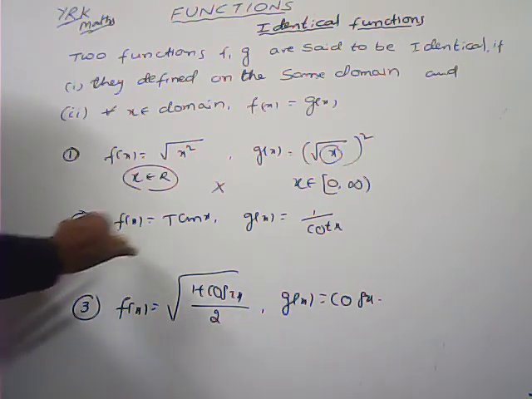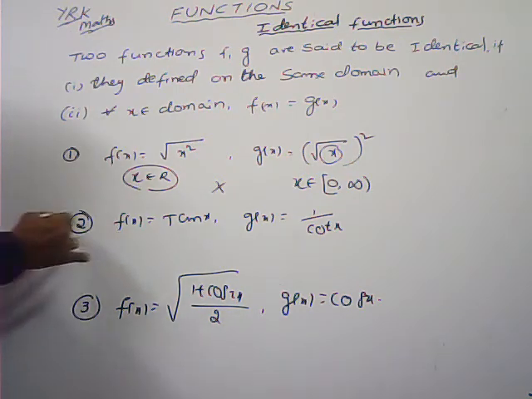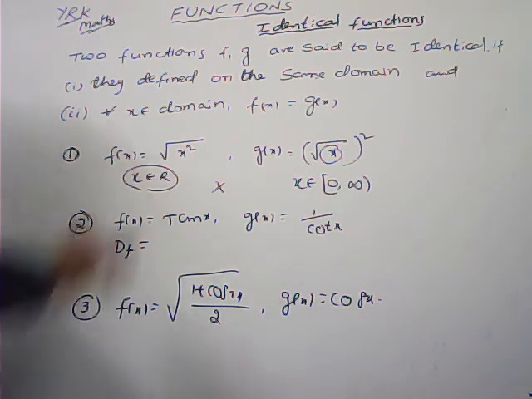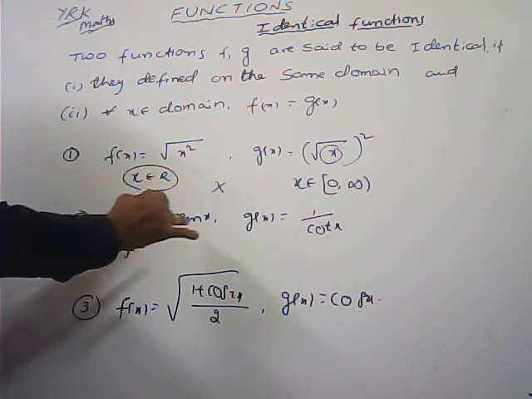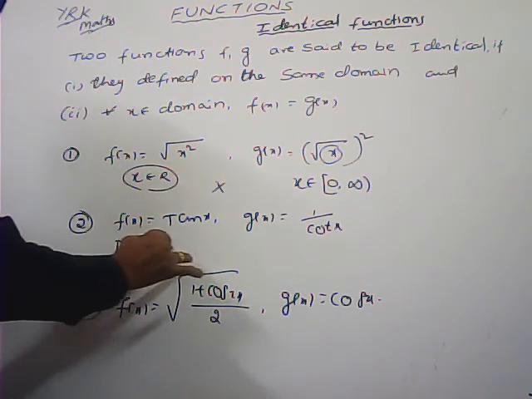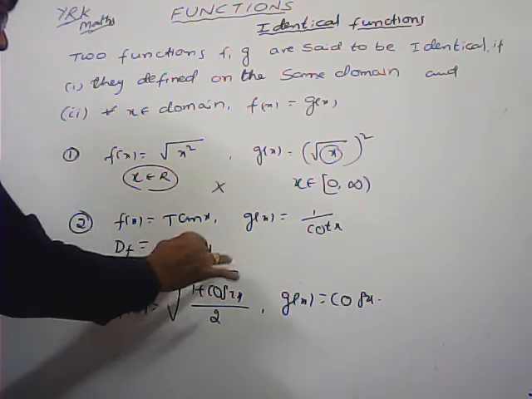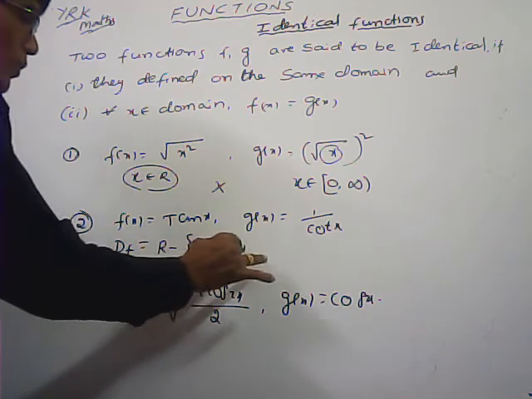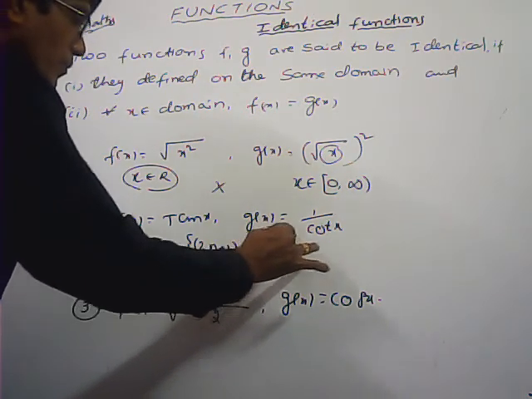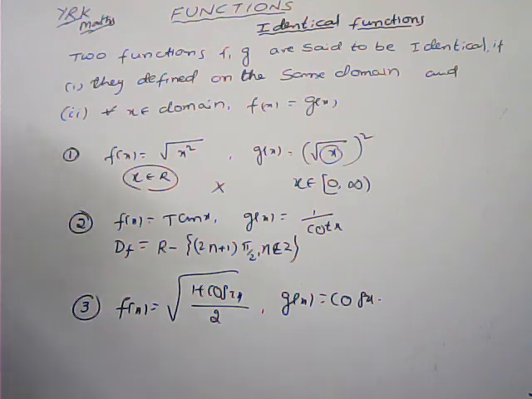Now by observing the second problem, here what is the domain of this function? Domain of f: tan x doesn't exist for odd multiples of pi by 2, so the domain is R minus the set of (2n plus 1) into pi by 2 where n belongs to Z. Tan x doesn't exist for odd multiples of pi by 2.